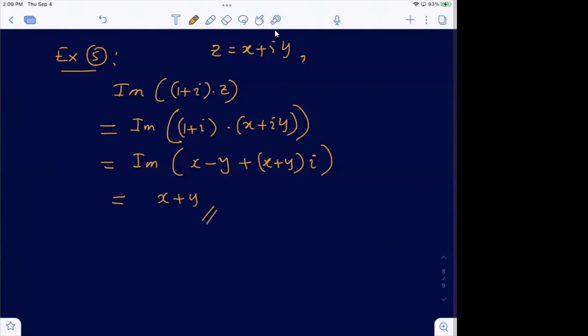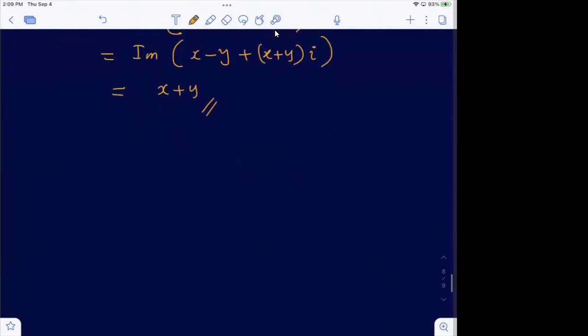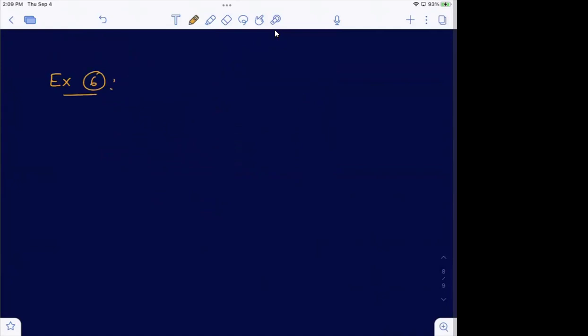Let's look at solving a simple equation by using complex numbers. So example number 6, look at the situation where we have z plus z bar equals 3 plus 4i.